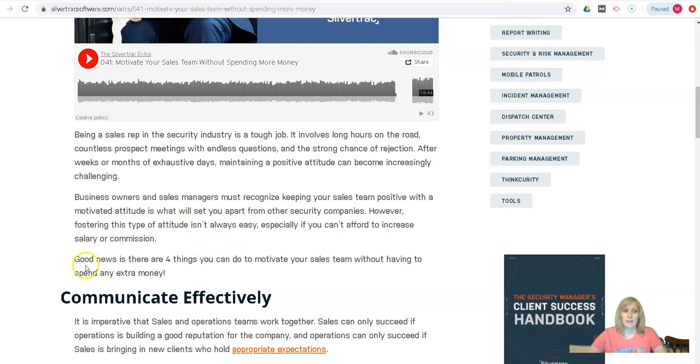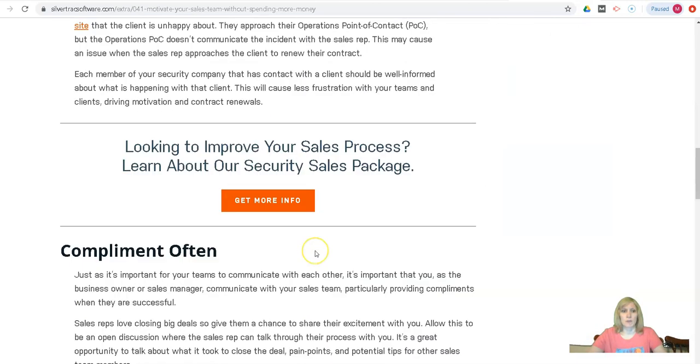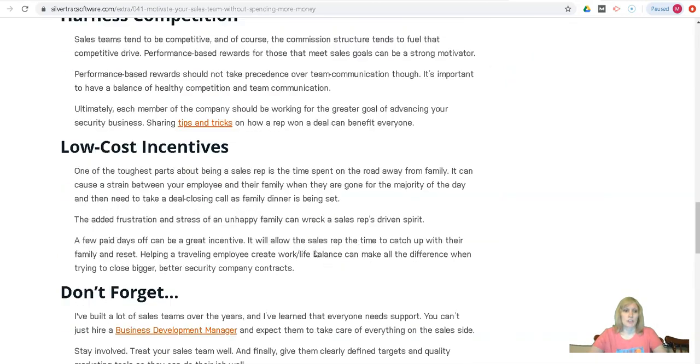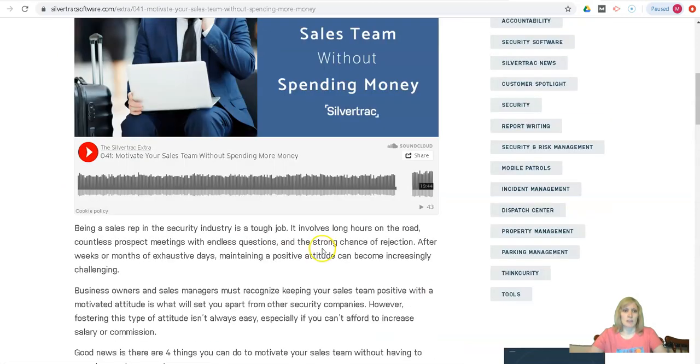Good news, and here they're presenting the solution, is there are 4 things you can do to motivate your sales team without having to spend any extra money. And then he goes into the 4 things: communicate effectively, compliment often, harness competition, and low-cost incentives.